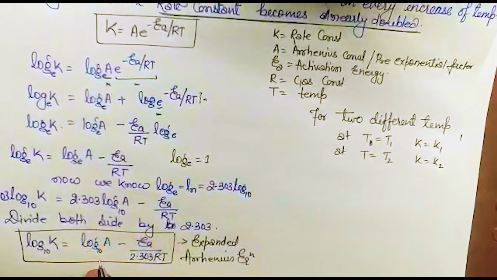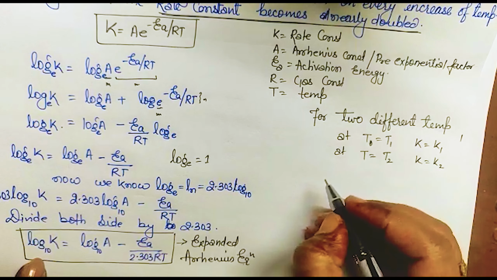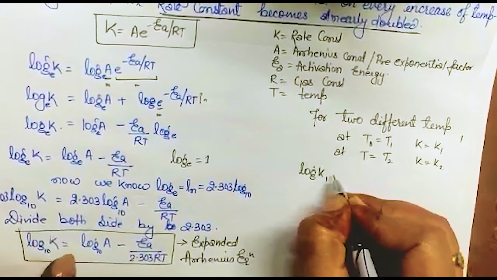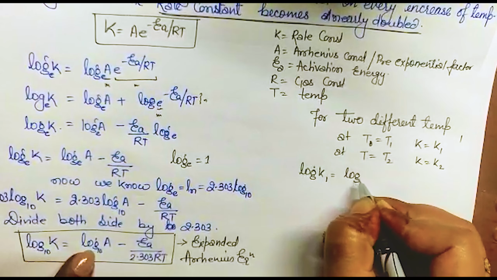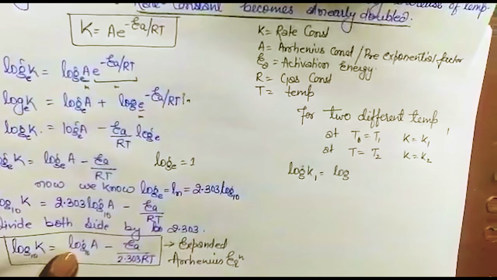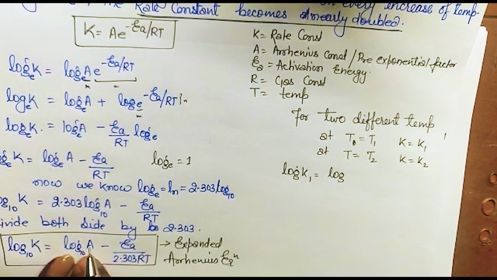Now I'm not writing the base 10. It is quite clear that it will be the log value, or log to the base 10 value. Okay, so let me write log K1 is equal to this. We are finding this for a single equation at two different temperatures. So log A will be constant for both, isn't it?